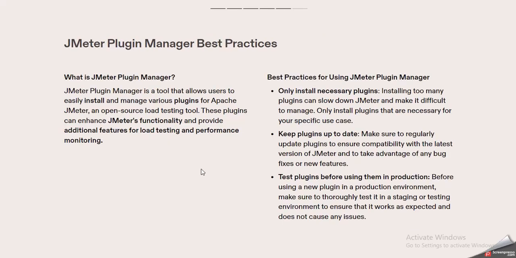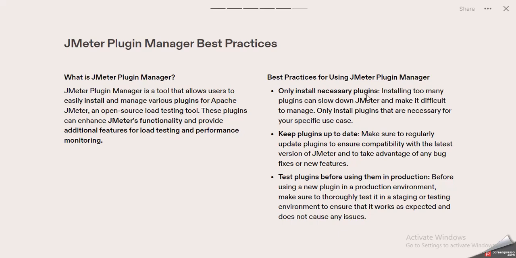Now what are the best practices, like when do we need that? I already discussed what is Jmeter plugins manager, so based on that we need to look at when we need it. The best practice for using Jmeter plugins manager is to only install necessary plugins.